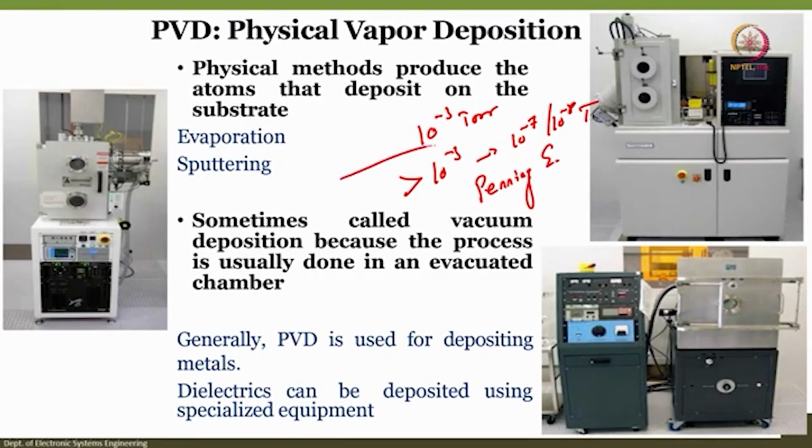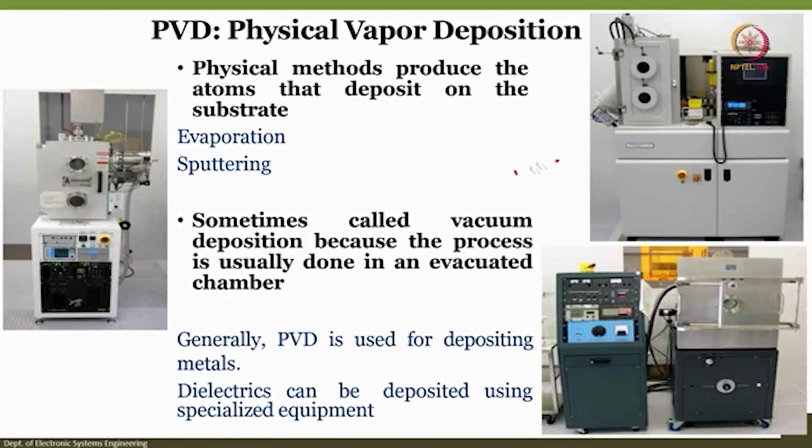Pirani is up to 10 to the power minus 3, Penning is for greater than 10 to the power minus 3 onwards. These are some of the things that you need to understand about the evaporation system.